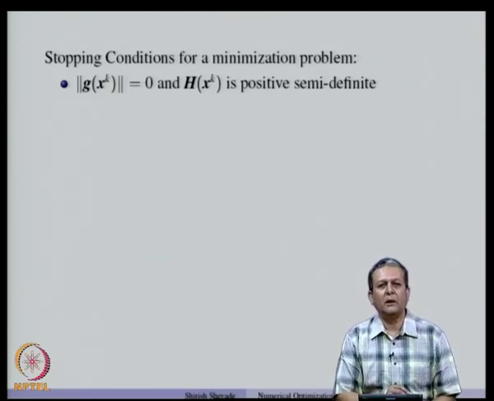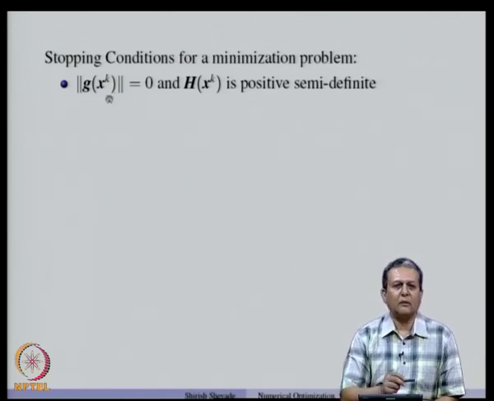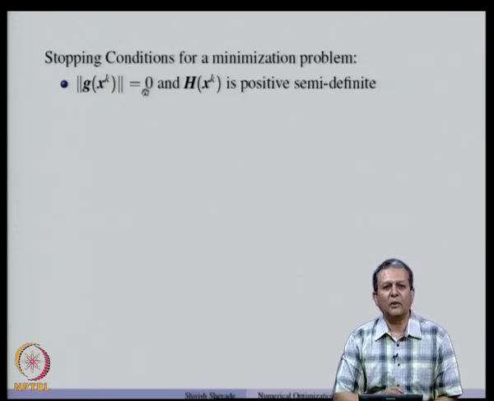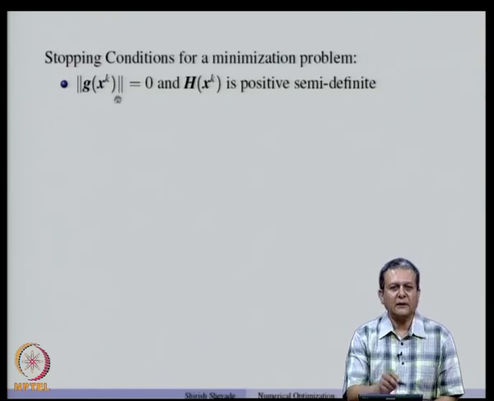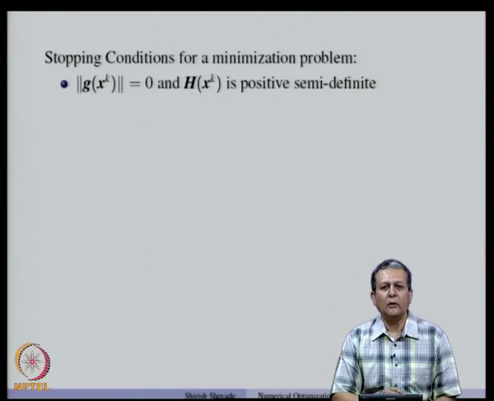Now, when we talk about the numerical implementations of some of the algorithms, it is very difficult to ensure that the norm of the gradient vector reaches exactly 0, because we always work with finite precision arithmetic. So, instead of checking this condition exactly, it may be a good idea to make use of some approximate condition.